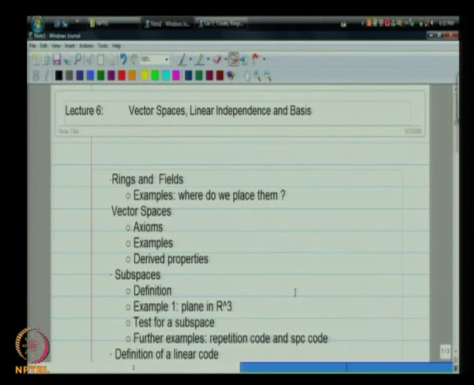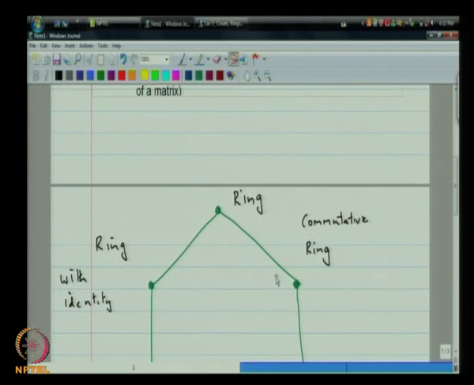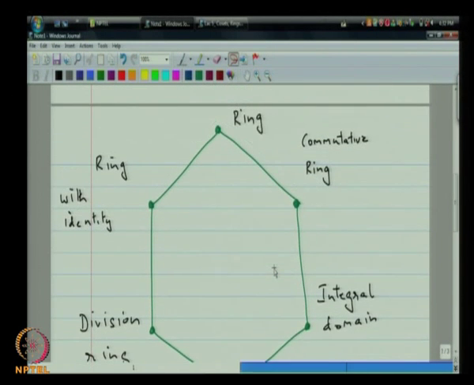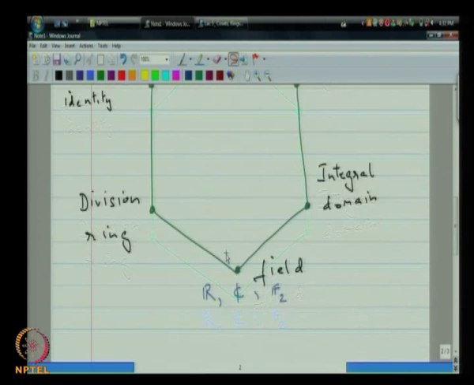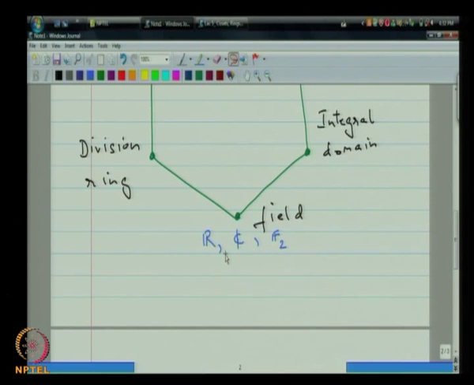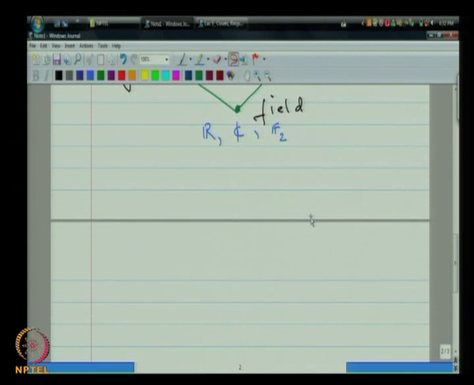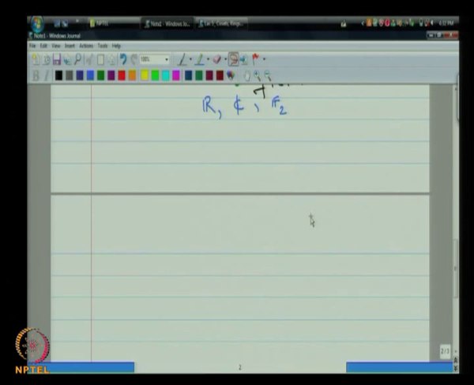Our current lecture we began with this overview, and I have reproduced here for the sake of convenience this ring diagram that we had last time. In terms of examples, we put down certain examples R, C and F2, and I also thought it is good to say a few words about F2.